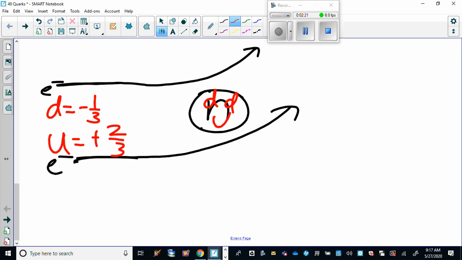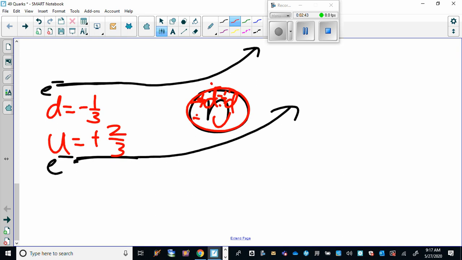And you can see right away why the electrons moved in those paths. If this upper part of the neutron has an overall negative charge, because this is where the down ones are, -1/3 and -1/3, then it's going to be electrostatically repelled.